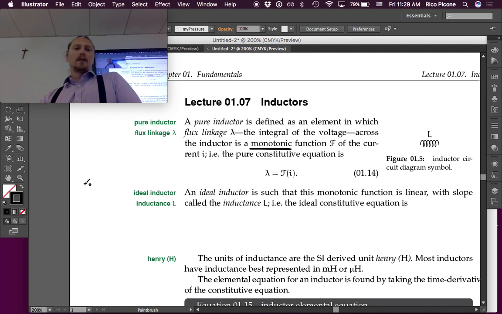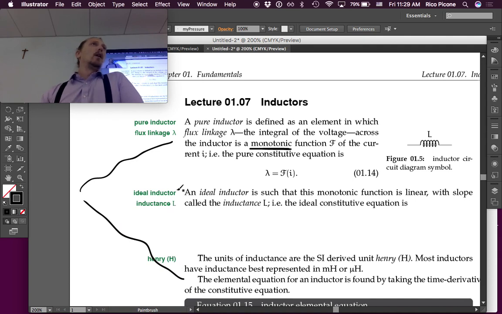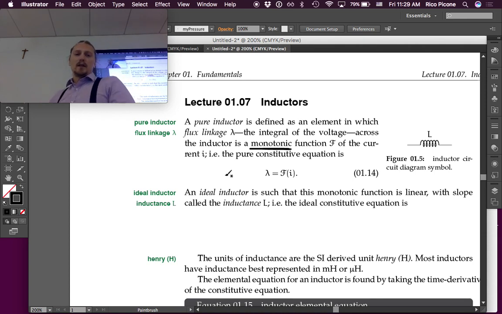So a monotonically increasing function could look like this. A monotonically decreasing function could look like this. You have different rates of decrease, but always decreases or always increases. So that's what monotonic means in that context.